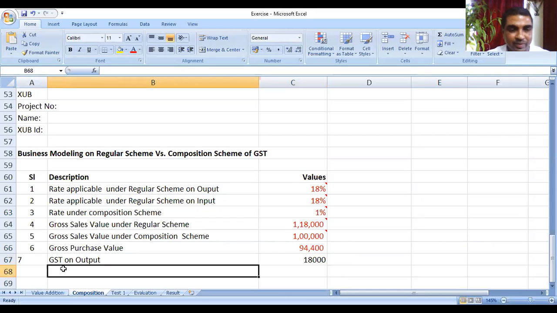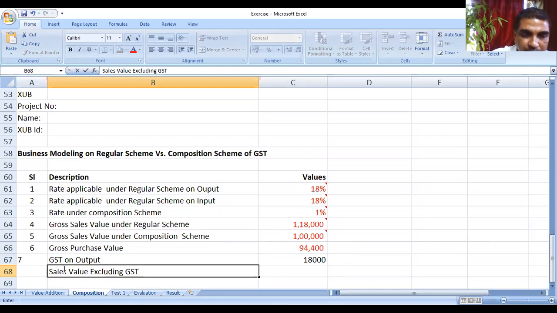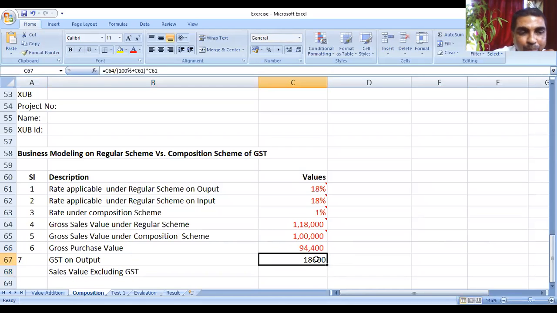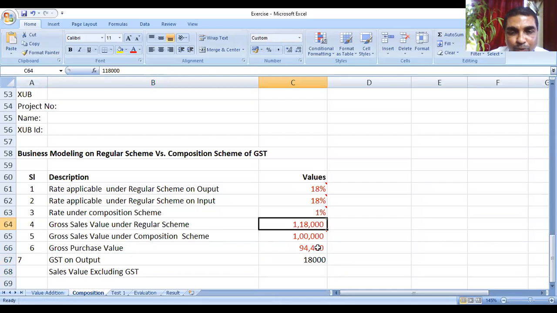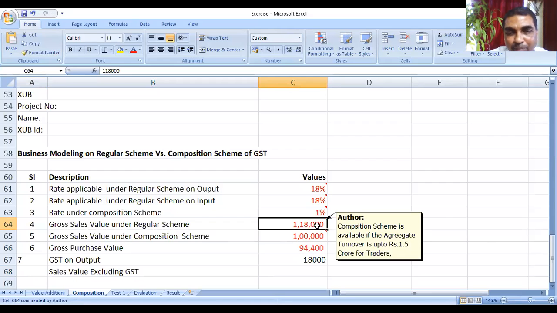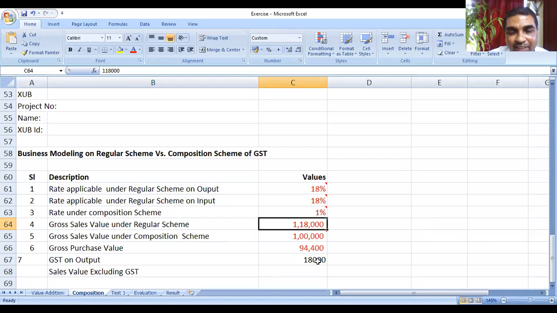Now if you are calculating sales value excluding GST. Can you explain that again? GST on output, yes. I'm explaining. I wanted to compute what is the GST on output. Output I am selling at 1,18,000. I want to compute the GST component. That contains 18%, that is 118%. So what is 18%?